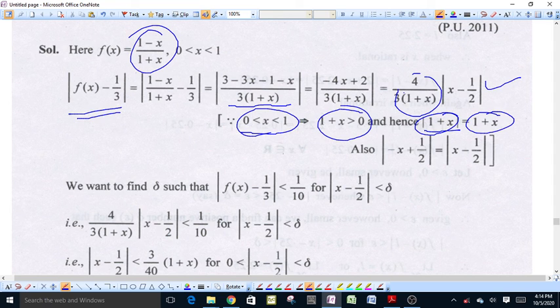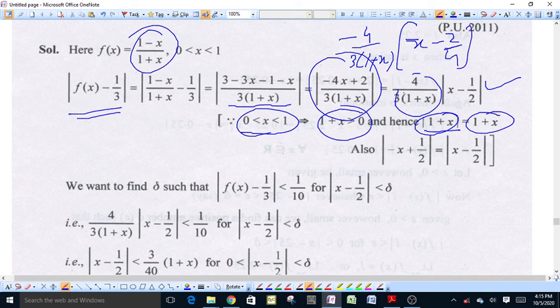Also, if we take common from this step minus 4 upon 3 into (1 + x), then we are left within the bracket x minus 2 by 4, which comes out to be 1/2. Also minus x plus half is equal to the modulus of x minus half.